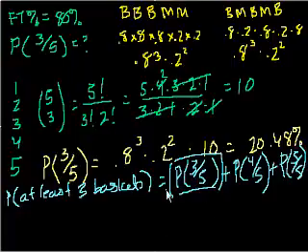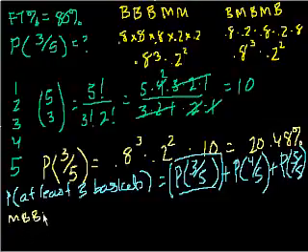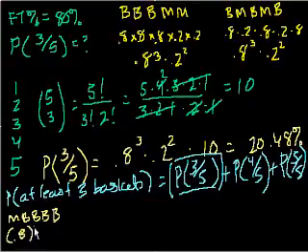Once again, we want exactly 4 out of 5 baskets. So an example could be basket, basket, basket, basket, miss. What's the probability of any one of the combinations where I make 4 baskets? It's going to be 0.8 to the 4th times a 20% chance of that one miss.